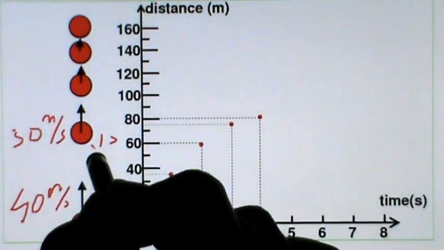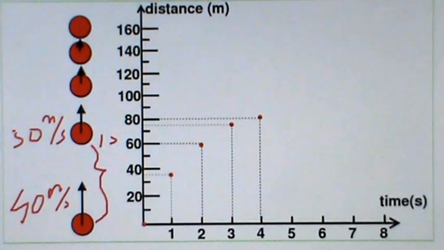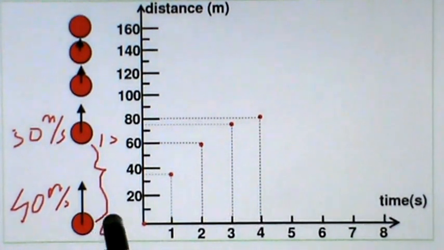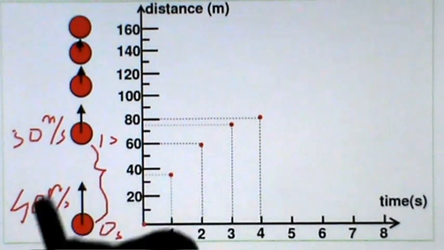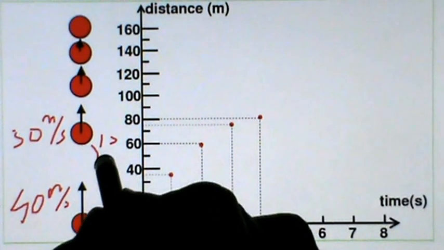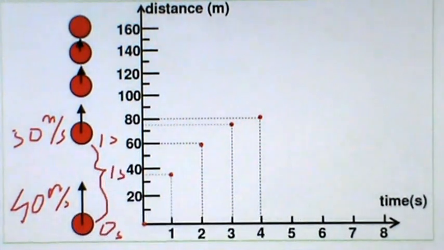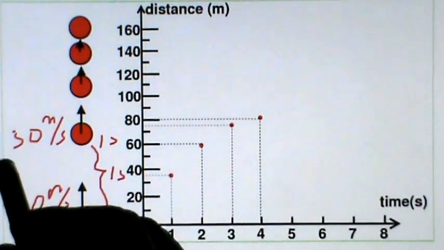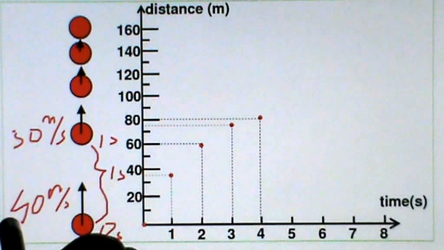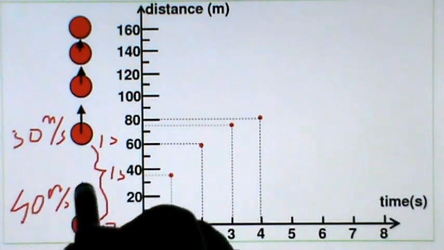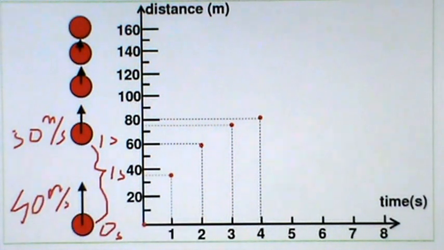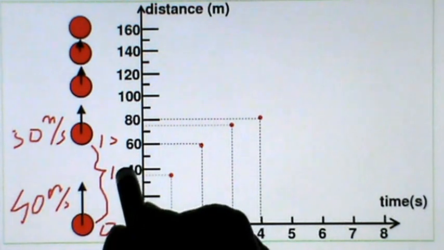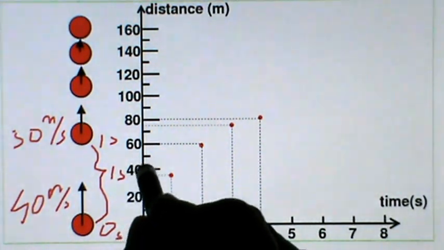So you can calculate the distance traveled from the beginning, 0, until 1 second. The distance traveled will be 30 times 1 plus 40 times 1 divided by 2, so you get 35 meters.